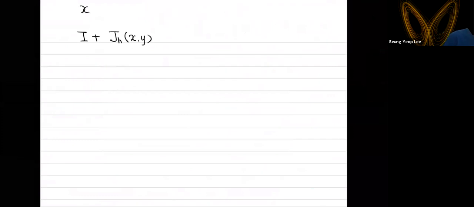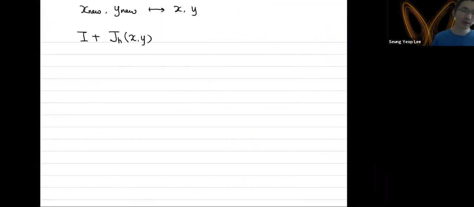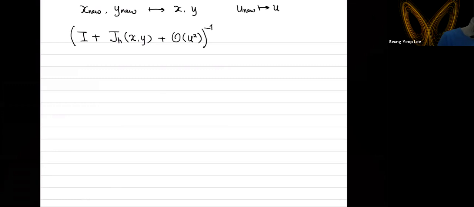But now let's change all the x nu and y nu into x and y, because now I don't need the original x and y, so I will just look at the new coordinate. So plus big O of u squared. So that's again u nu, also rewrite it as u. This inverse times x dot y dot.